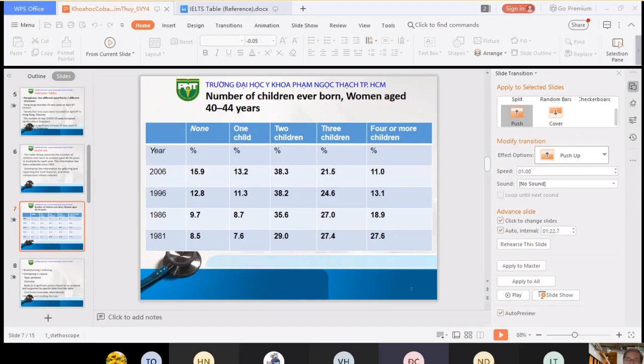I can see from the table the percentage of the children, the percentage of women give birth to two children account for the largest percentage.